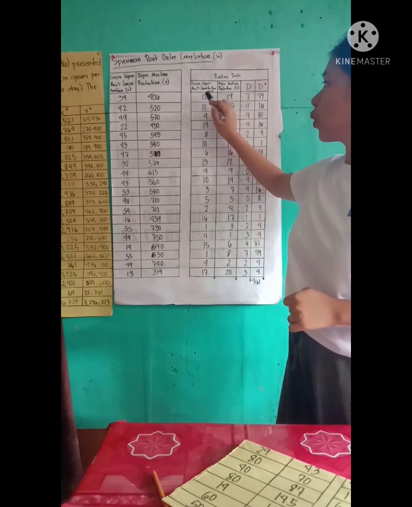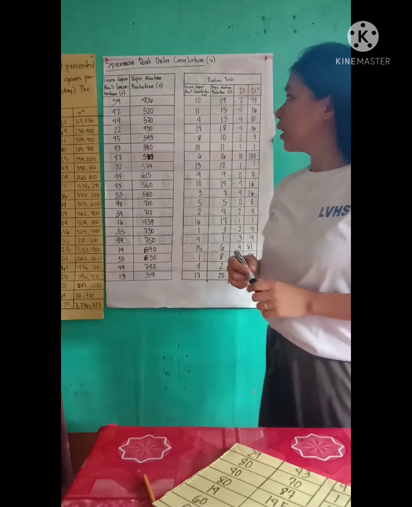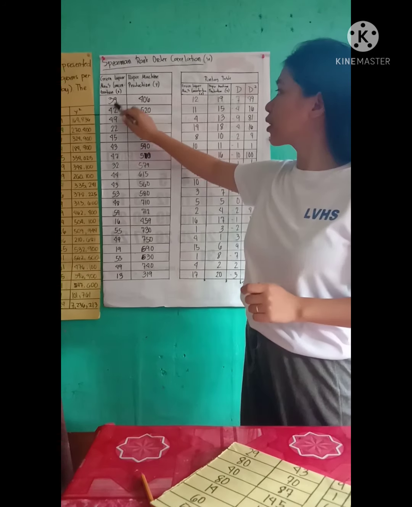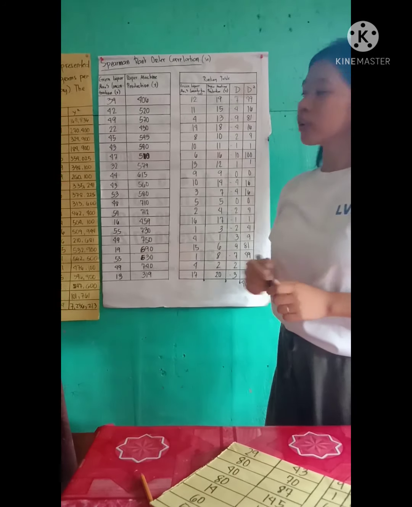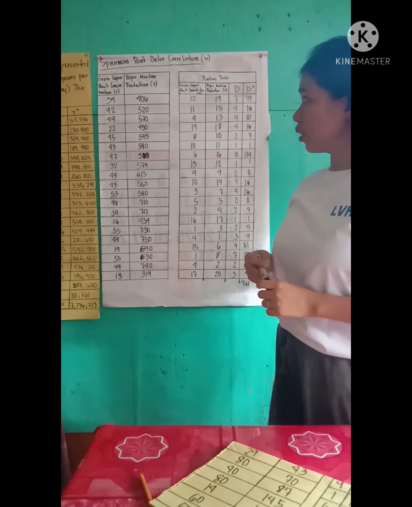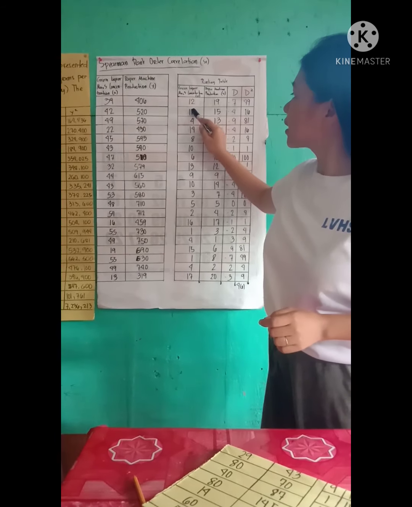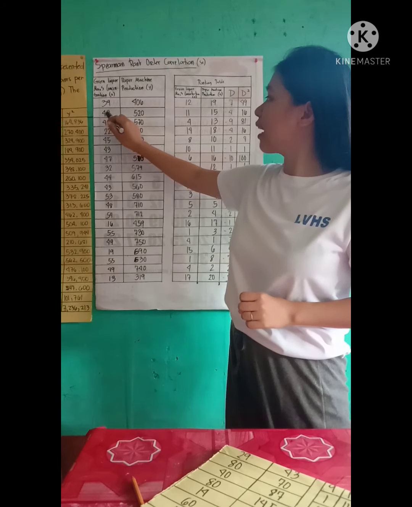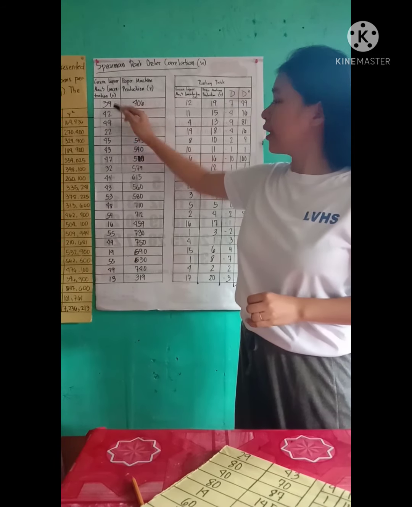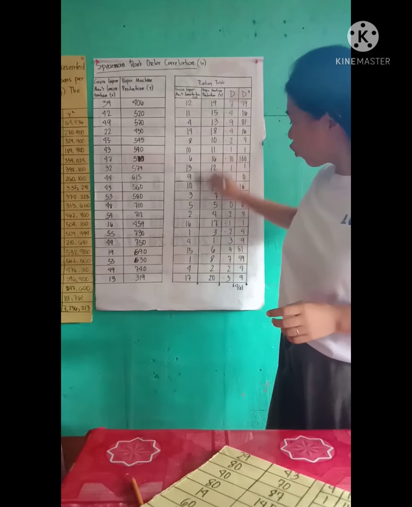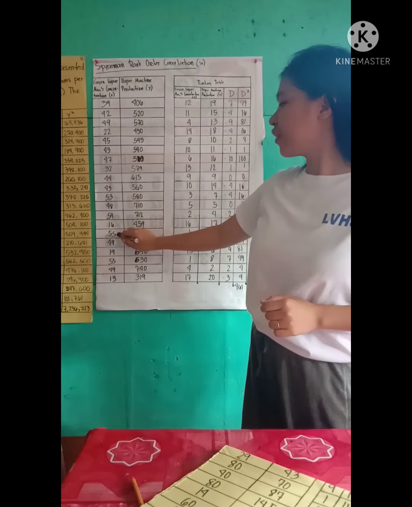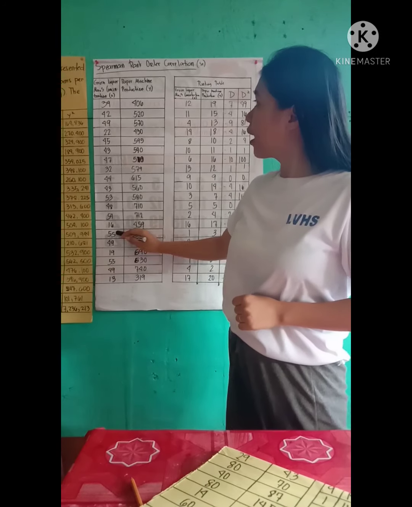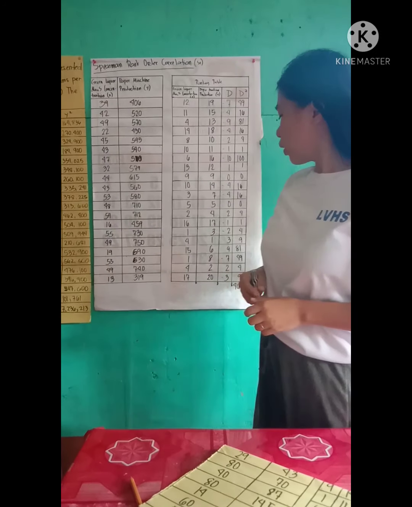I indicated 12 here because 39 ranked as the 12th highest number in column X. 11 is here because 42 ranked as the 11th highest number in the X column. We have 1 here because 55 ranked as the highest number in the X column.